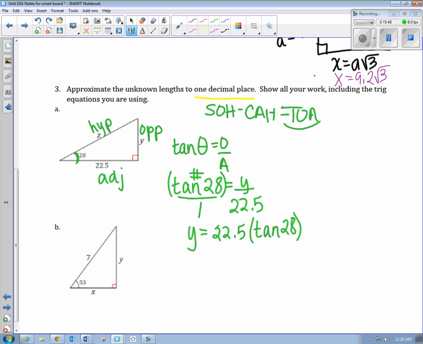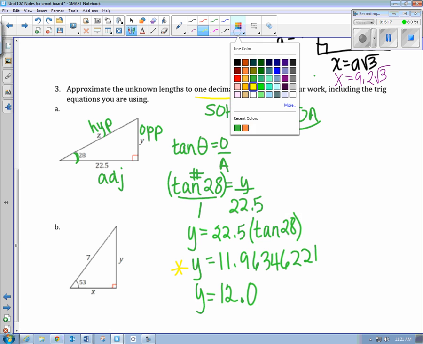I end up with y equals 11.963462221, which when I go through and round that to one decimal place, turns out to be 12.0. The Regents regulations require that you show your ugly decimal, the big yucky number, before you round. In other words, we need to see what you are rounding from to get your 12.0.